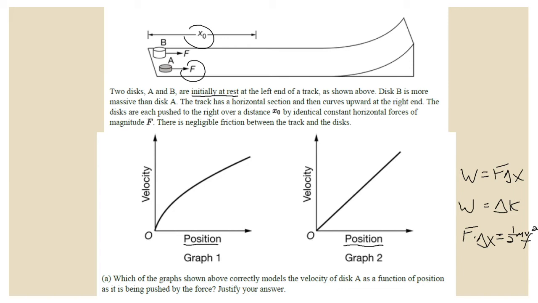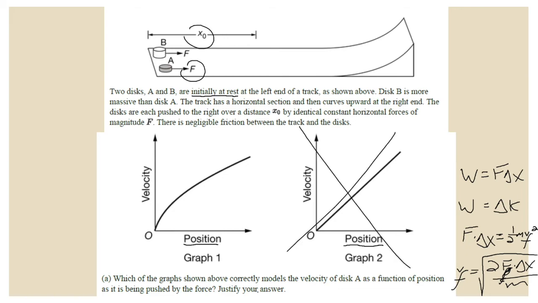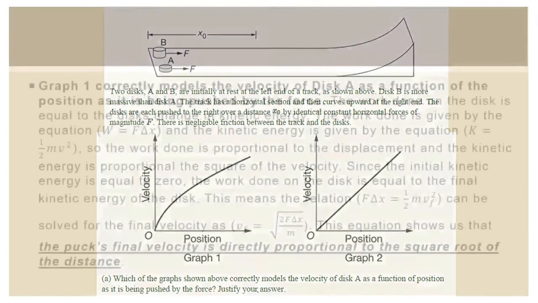This really is the bridge between a dynamics analysis and an energy analysis. And of course, if you look at this equation and solve it for the velocity, you get the square root of 2 times the force, and here there's no subscript, times the displacement, divided by the mass. And so that equation shows you the final velocity is not directly proportional to the position. The final velocity is directly proportional to the square root of the position.